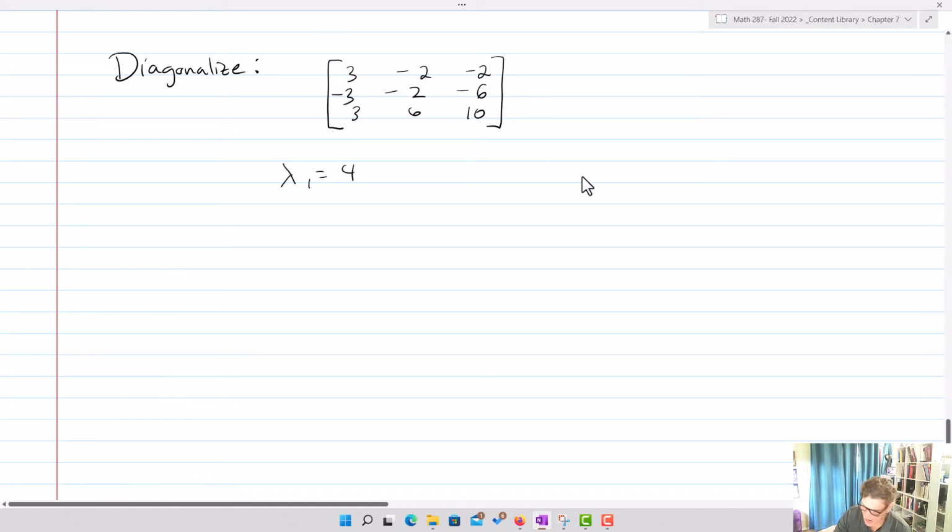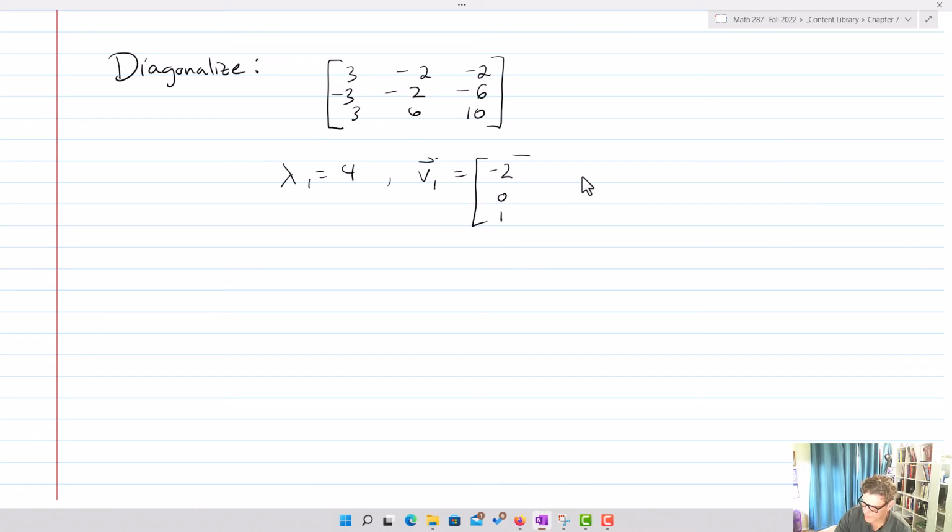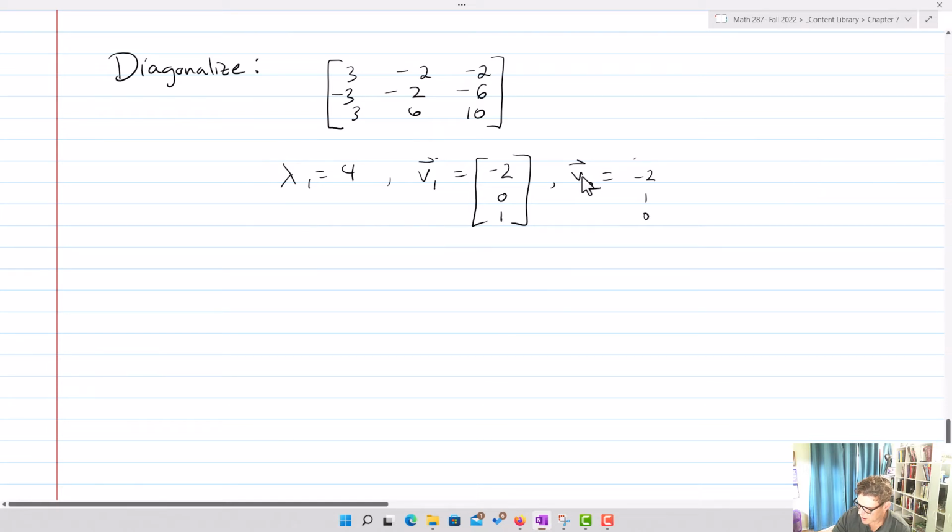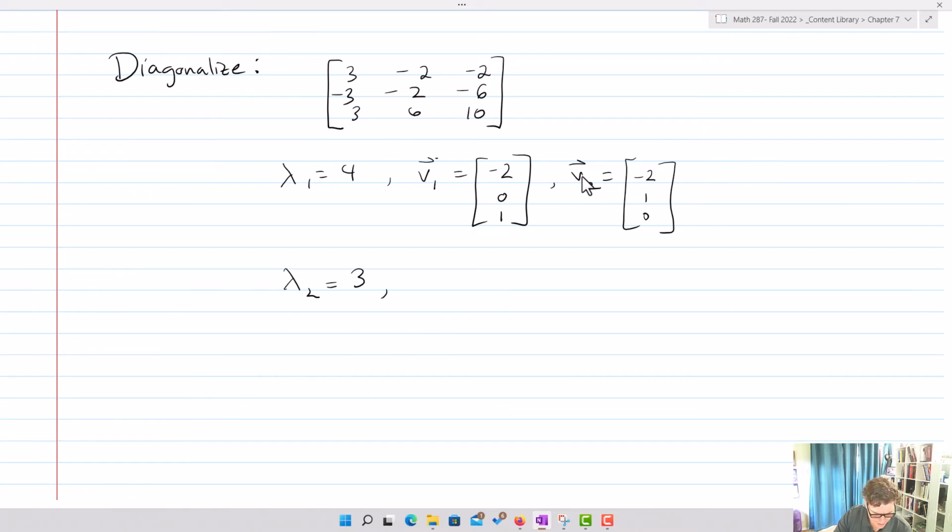We get that V1 is going to equal -2, 0, 1, and V2 equals -2, 1, 0. And then lambda 2 is going to equal 3, and V3 equals 1, 3, -3.